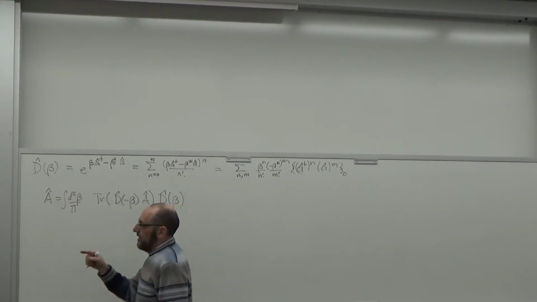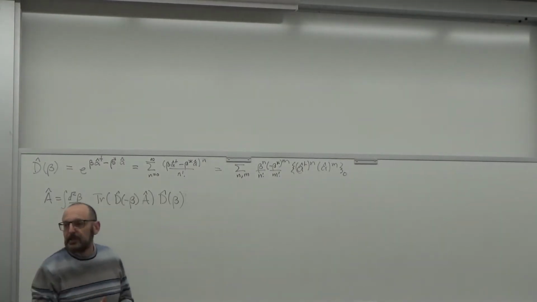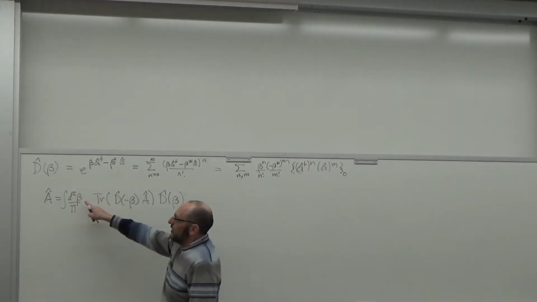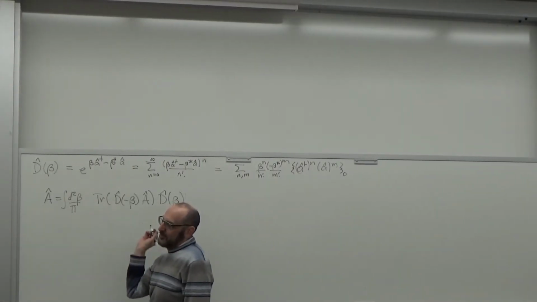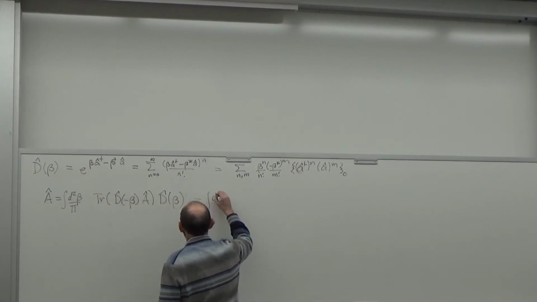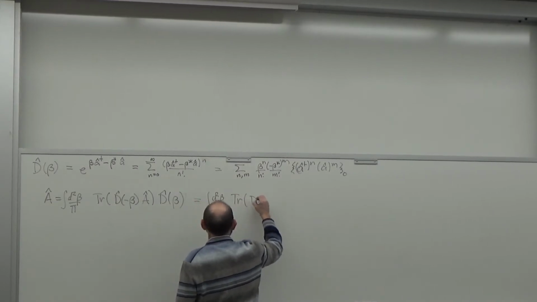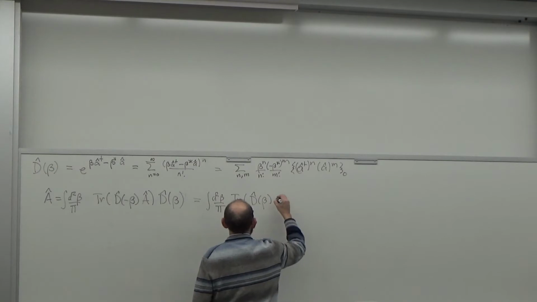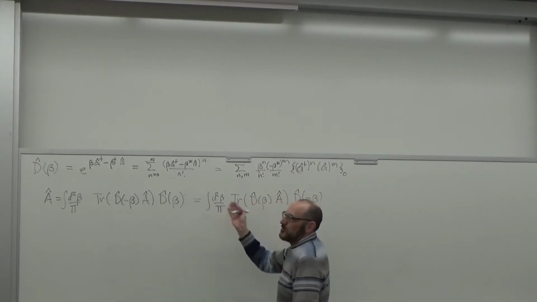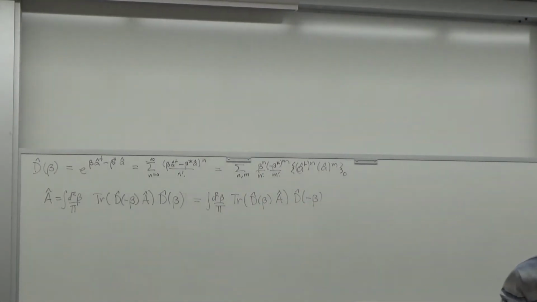If I take the dagger, that just changes the complex amplitude to displace in the opposite direction. And because this is an integral over the whole phase space, I can integrate equally well over minus beta. So it's just the convention that we like to write this. And you know how much I pay attention to everybody else's convention, but this one makes sense. So I just made a substitution, beta goes to minus beta, and I integrate over the same thing. It's the same integral. Okay?